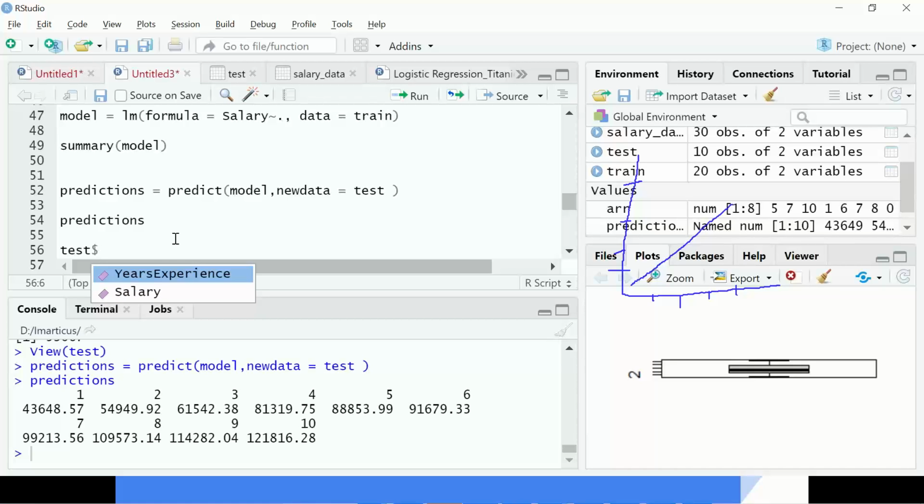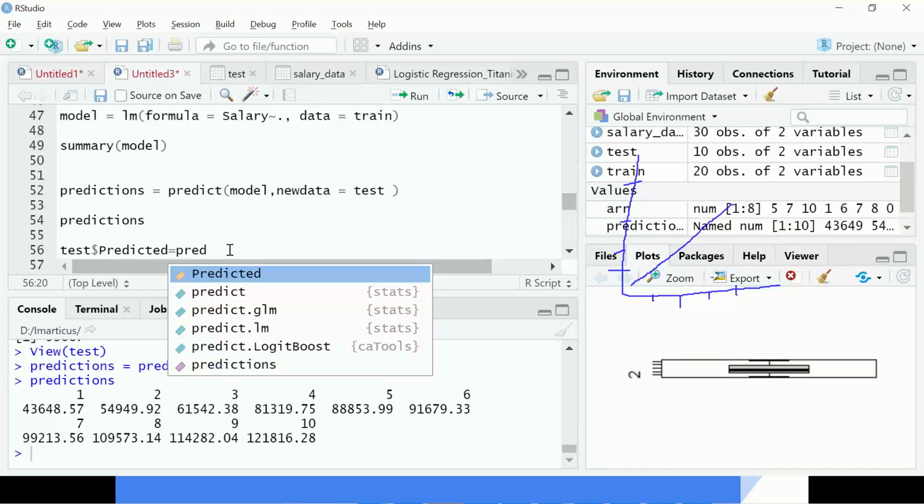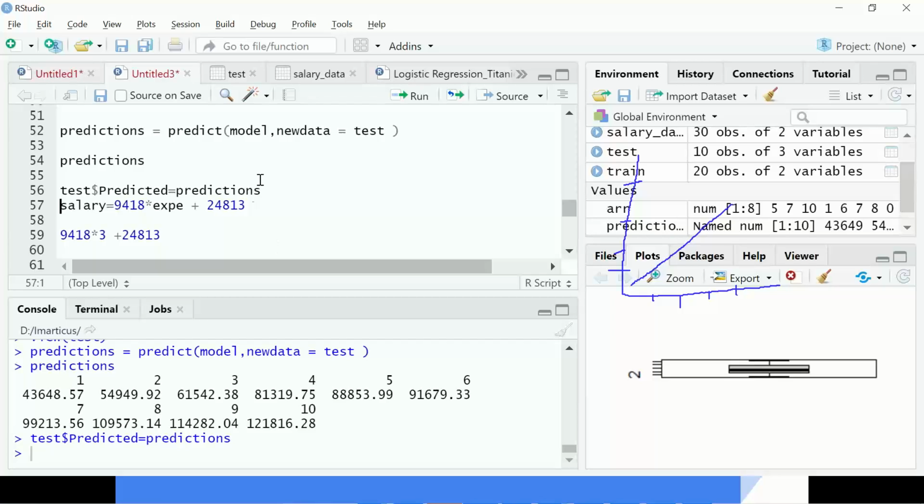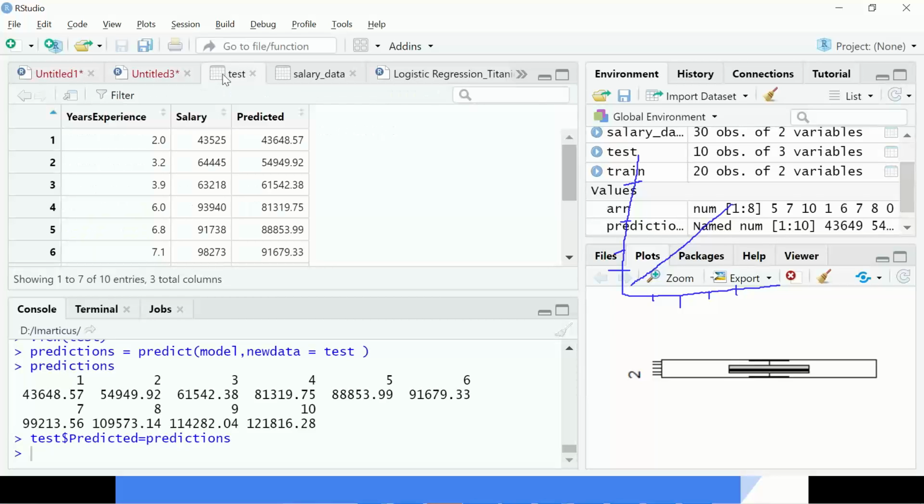I want a new column by the name predicted, and its value should be equal to predictions, whatever values I have in the predictions. That's it. In the test data set, create a new column by the name predicted, and in that column put the values we received in the predictions. Now if you check the test data set, you should have those values over there.